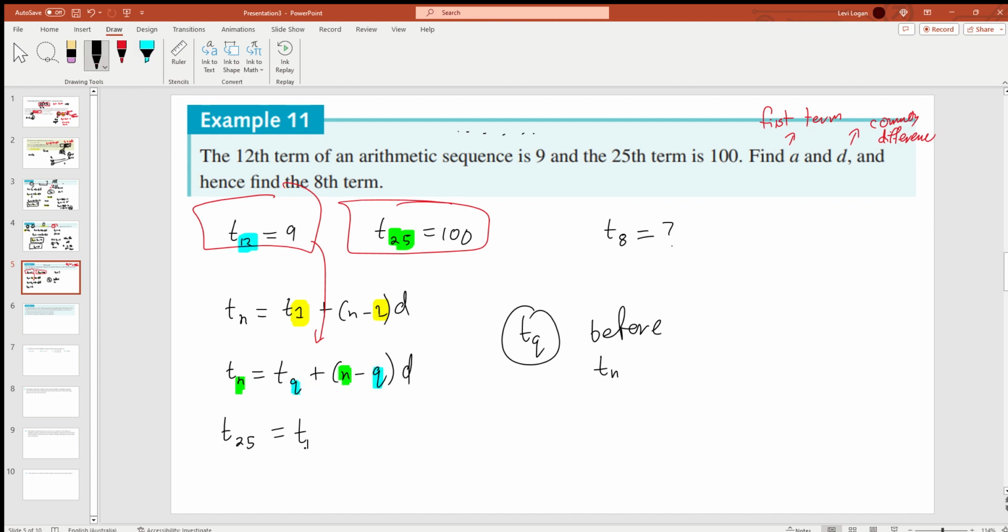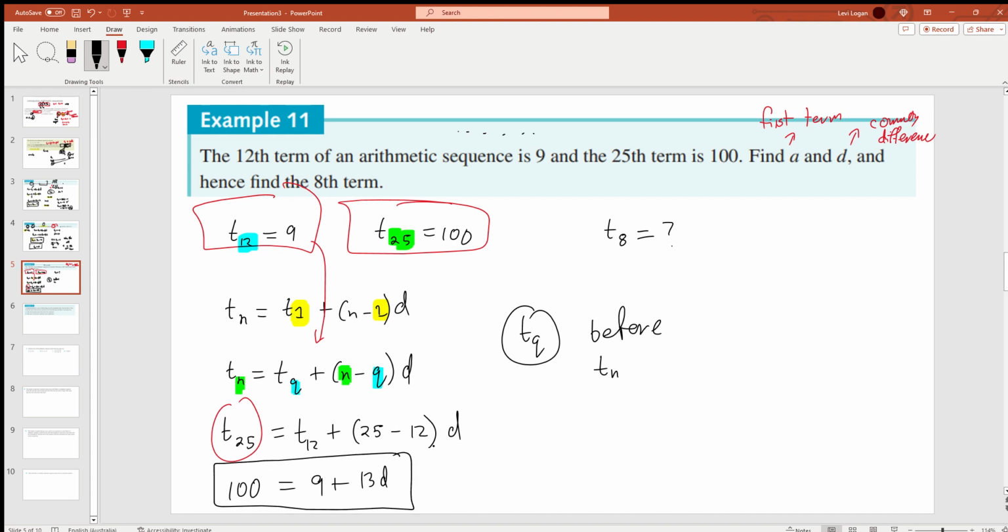So t of 25 equals t of 12 plus 25 minus 12 of d. We know t of 25 is 100, and t of 12 is 9. So 100 equals 9 plus, and 25 minus 12 is 13, so we can get rid of that bracket and write 13d.